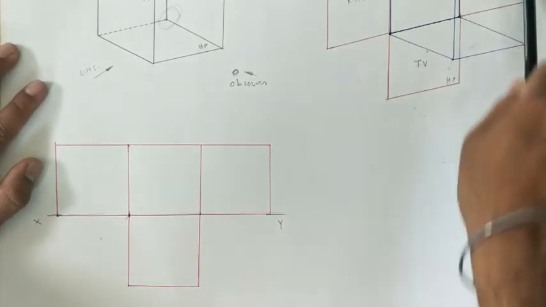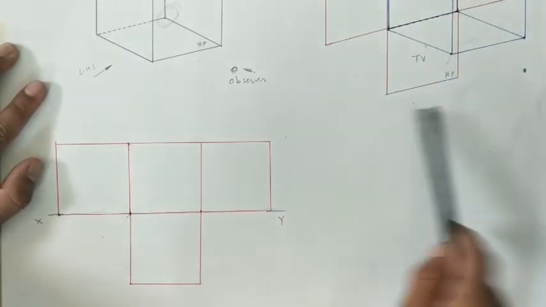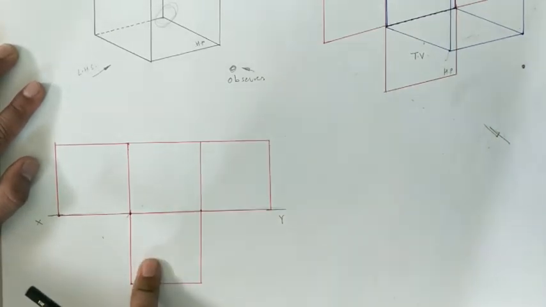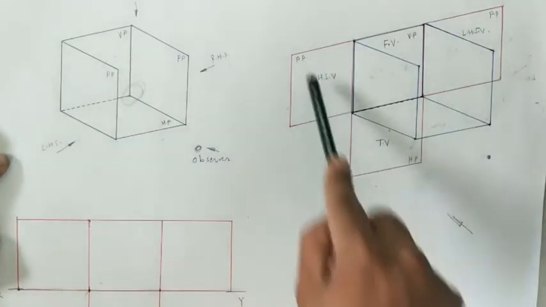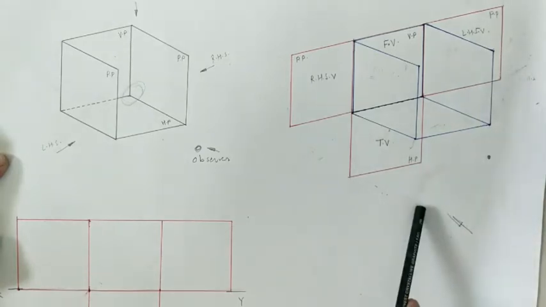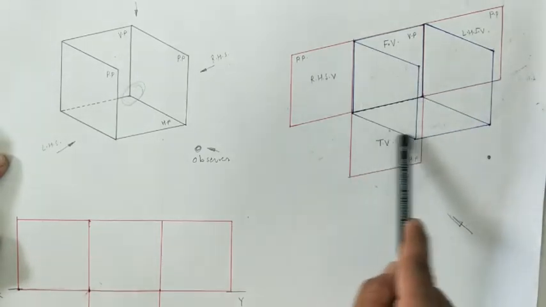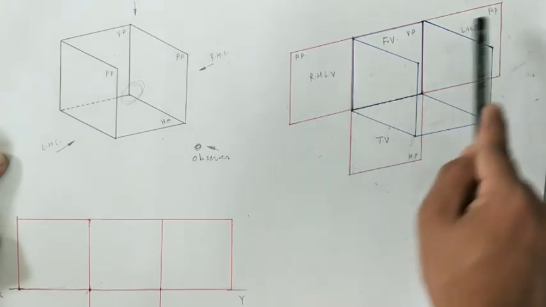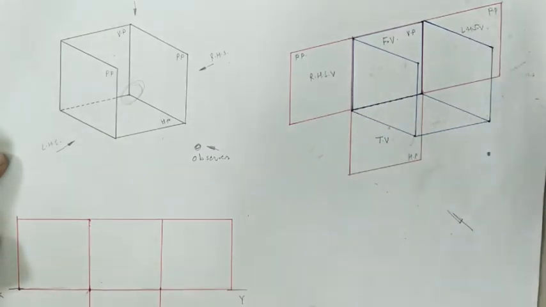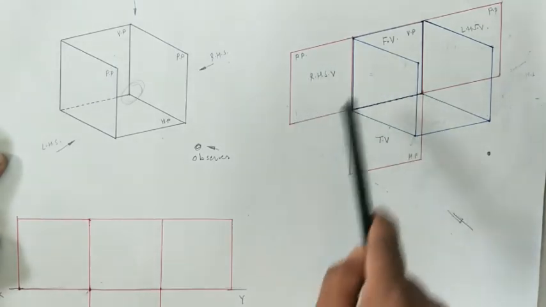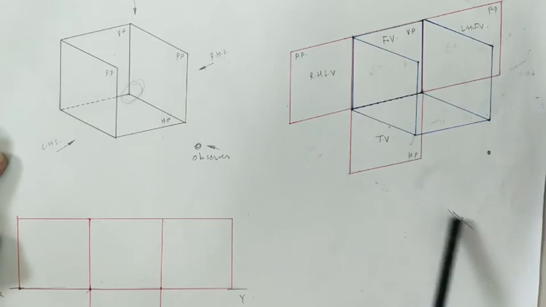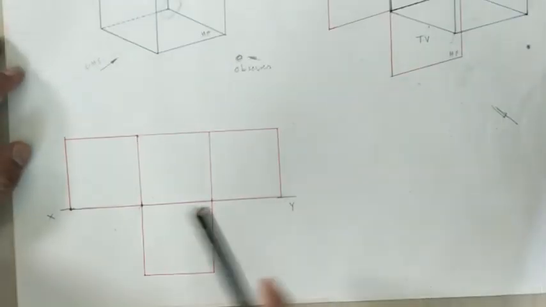If you look at this diagram from this side, it will look like this. Forget about these blue color planes now, because we have shifted them to the new position, which is red in color. Now if you focus only on these red planes, and see those planes in this direction, they will look like this.